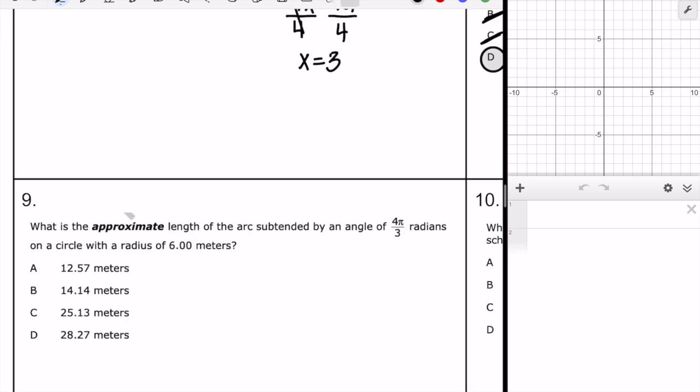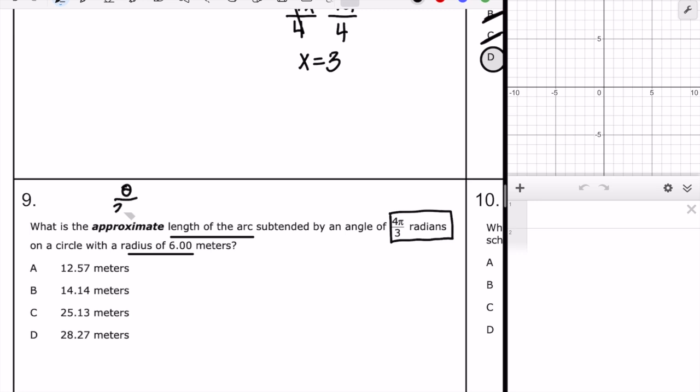All right, so number 9. Number 9 says, what is the approximate length of the arc? So remember, length of an arc is arc length. It says if I have an angle that is 4 pi over 3 radians, so that's my angle measurement, and it tells me I have a radius of 6. So remember, with arc length, we have 2 options.